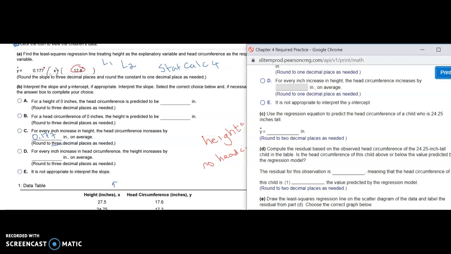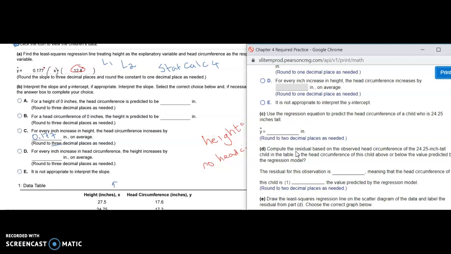Whatever that number is, plug it in for x, multiply it by the slope, and then add the y-intercept. Type all that in at once in the calculator, not the y equals part, and whatever you get is the answer. So that is using your regression equation to make a prediction. So take that number, plug it in, we get what we call a predicted y value or y hat.